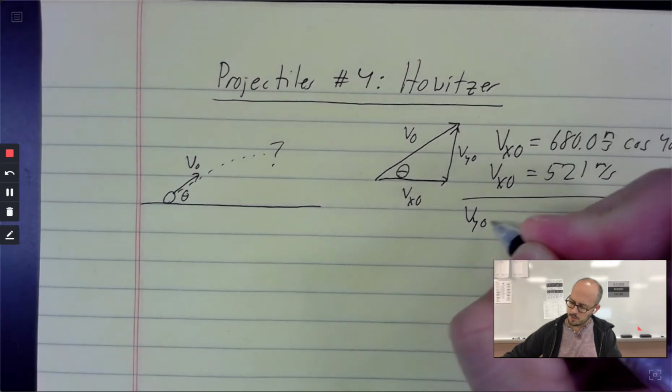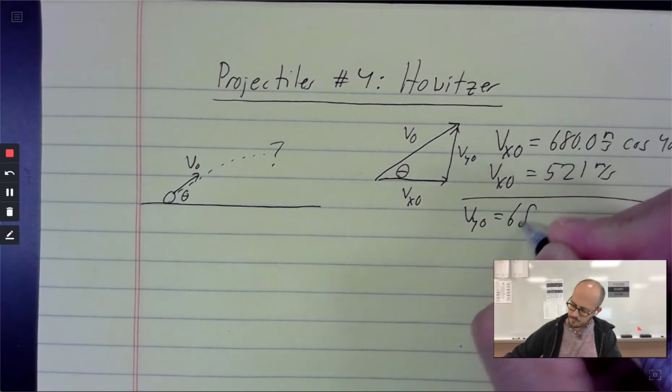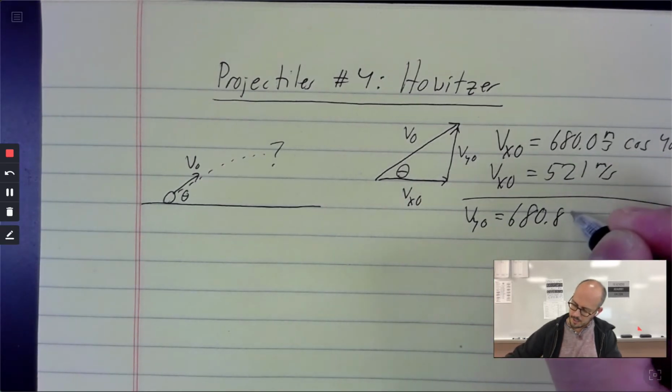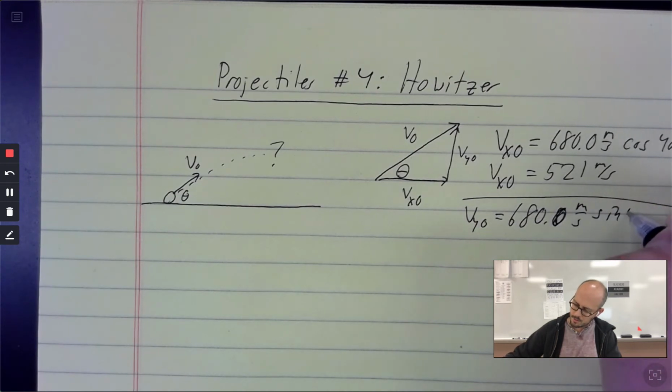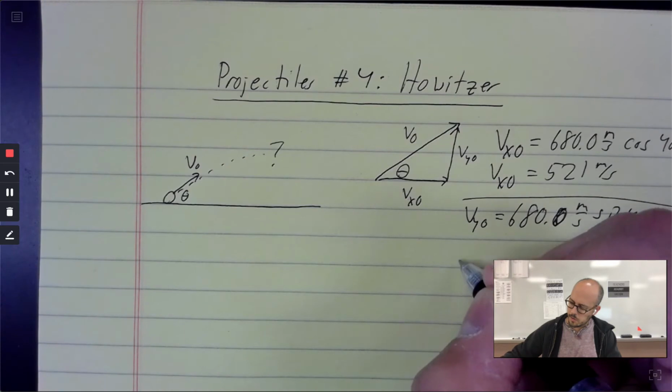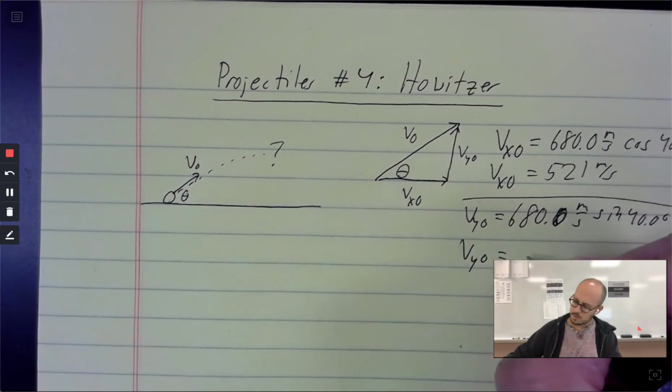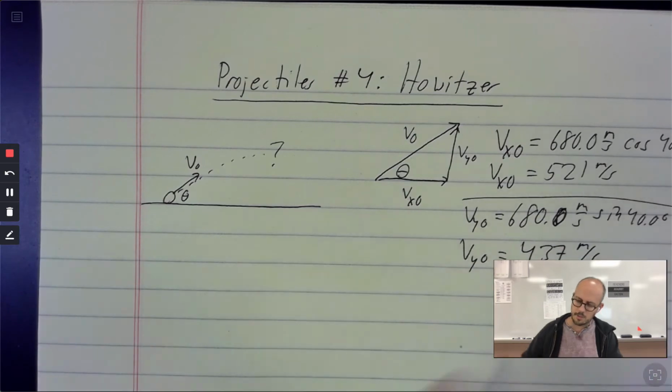For initial vertical velocity, that's going to be 680 meters per second times the sine of 40 degrees. And so that is going to be 437 meters per second.